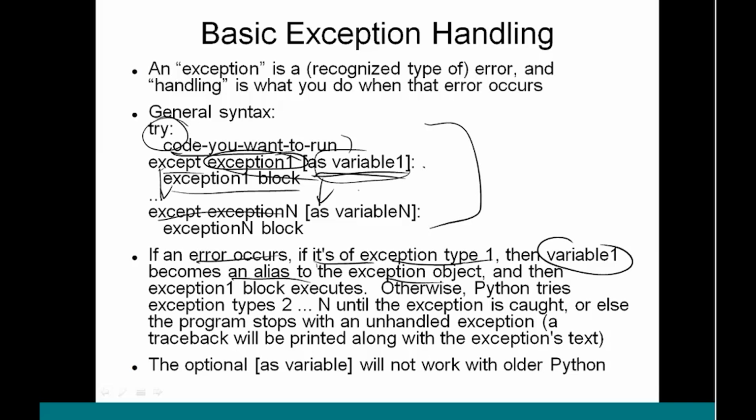Exception 1 block executes. Otherwise, Python tries the exception types 2 all the way up to n until the exception is caught, or else the program stops with an unhandled exception. The as variable is an optional one, and this will not work with older Python. So this is Python 3 and above.